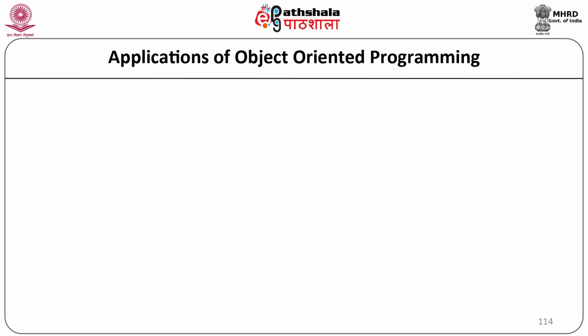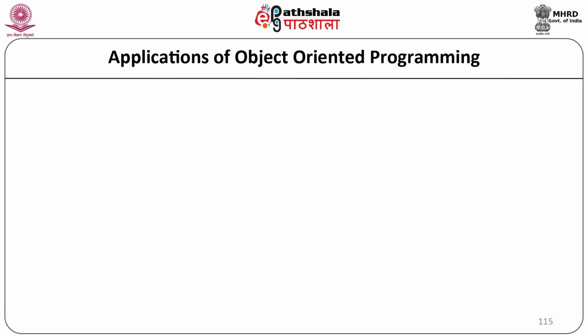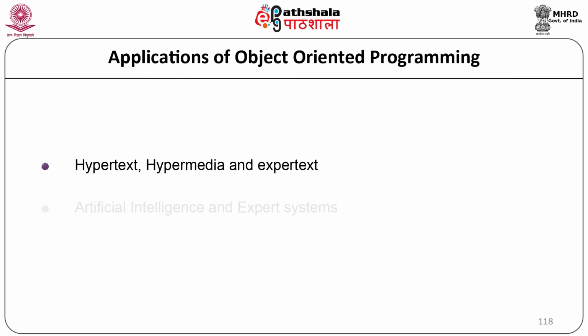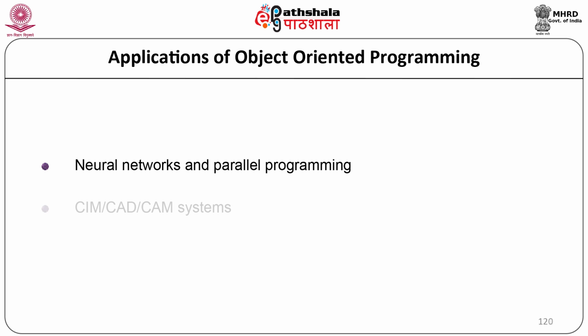Main areas where object-oriented programming can be used are object-oriented databases, decision support and office automation systems, real-time systems, simulation and modeling, artificial intelligence and expert systems, neural networks and parallel programming, and CAD/CAM systems.